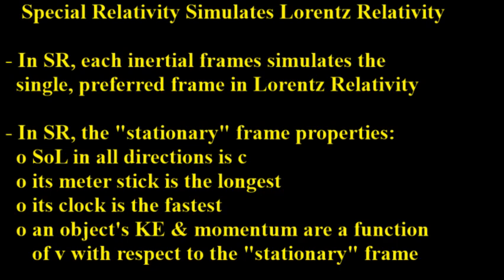Okay, we're going to go to the second bullet, but before we get into that, let me describe some terminology. In Einstein's original paper on special relativity in 1905, he talked about the stationary frame. But there was no absolute stationary frame in special relativity.